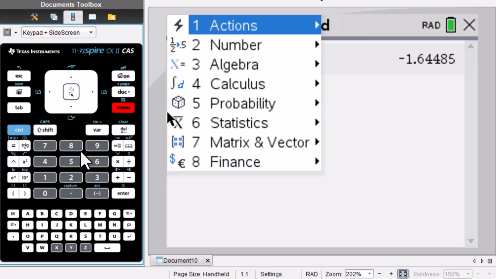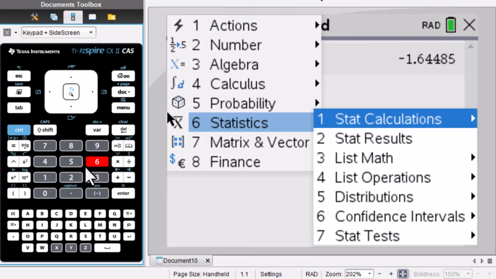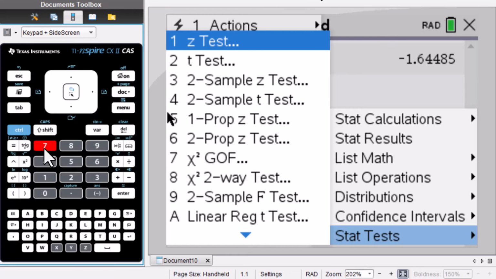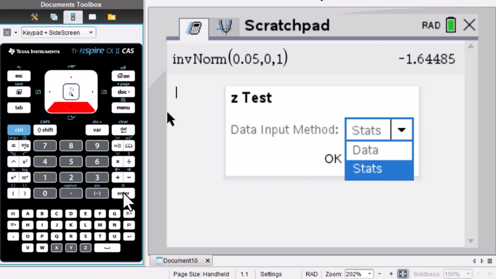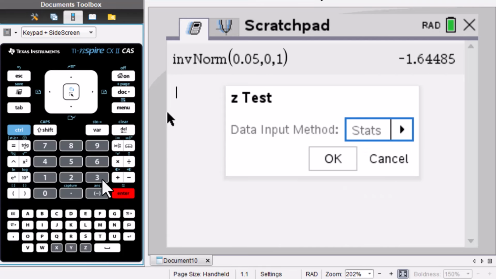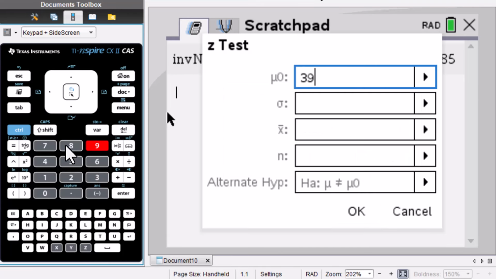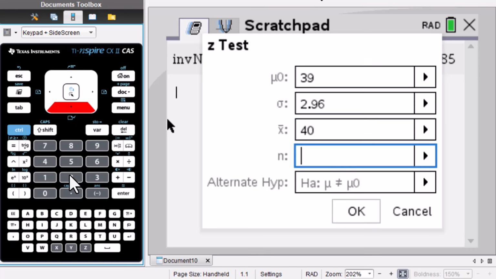Menu, go to 6, go to 7. Z-test. It's not data. We are given stats. 39 is mu 0, sigma 2.96. X bar is 40. N is 25.